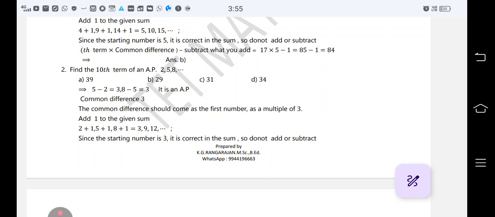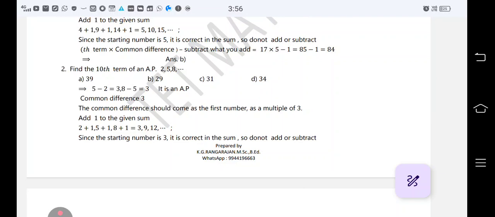Second one. Find the 10th term of an AP 2, 5, 8, etc. A 39, B 29, C 31, D 34. First of all, we should find whether it is an AP or not.